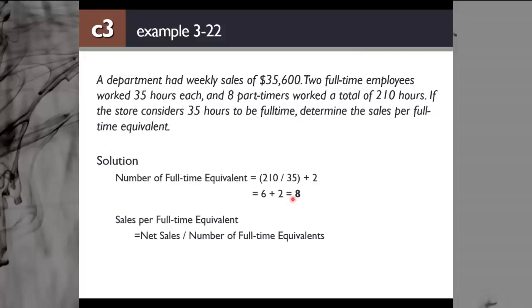So you get 35,600 divided by 8, and you will get 4,450. So you can tell that each full-time person makes sales of 4,450 that week.